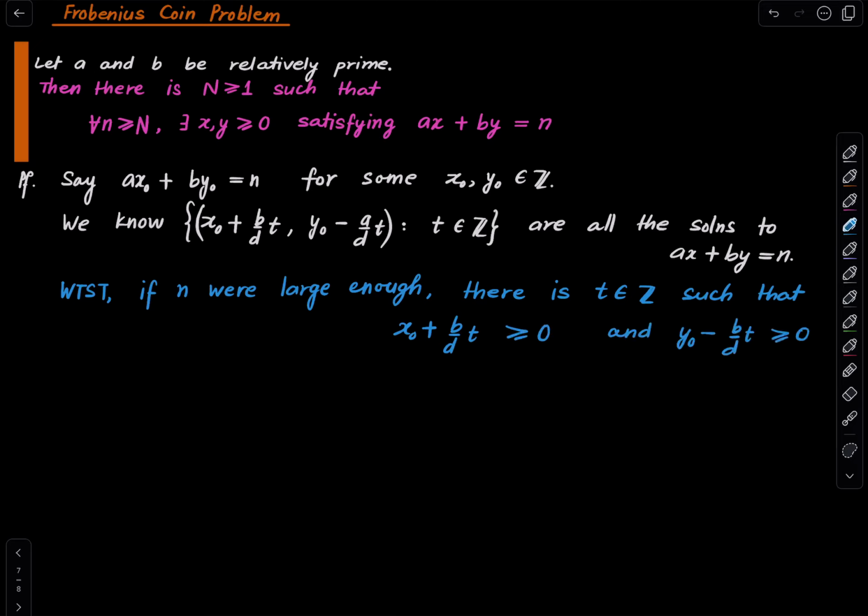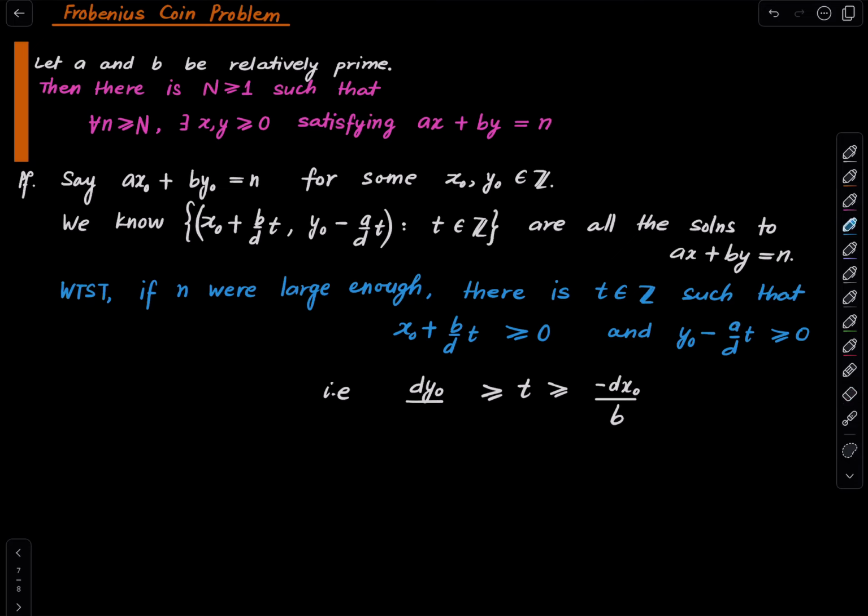Okay. So how do we show that this happens? Well, first let's rewrite these equations in a single equation. There must be some integer t between minus dx0 upon b and at most dy0 upon, sorry, this should be a by d, right?